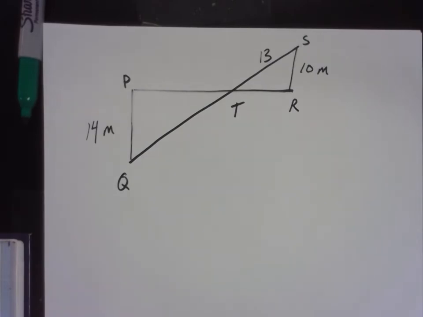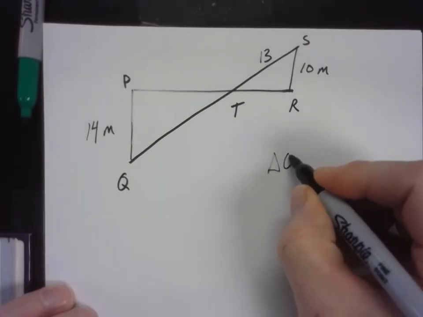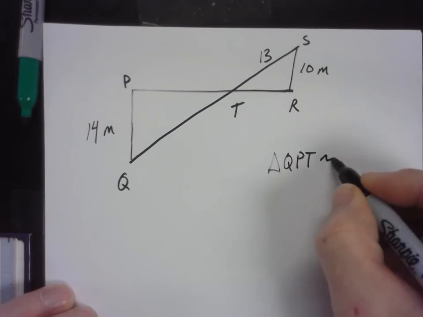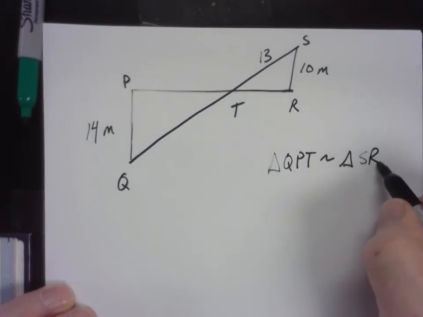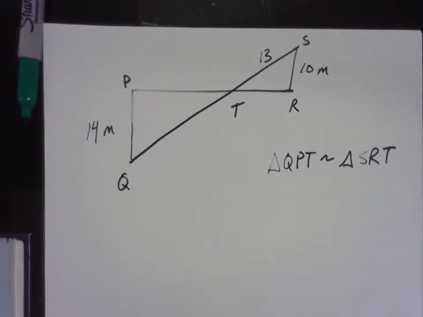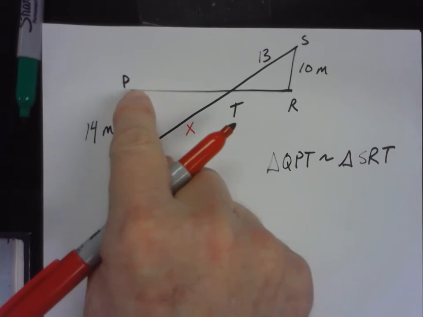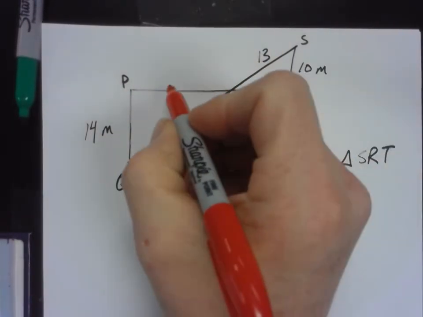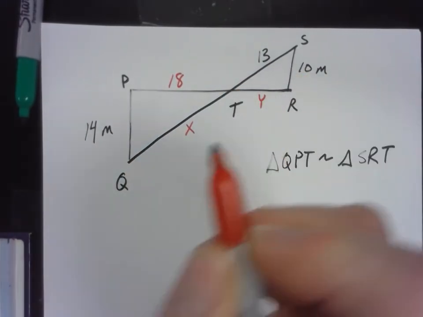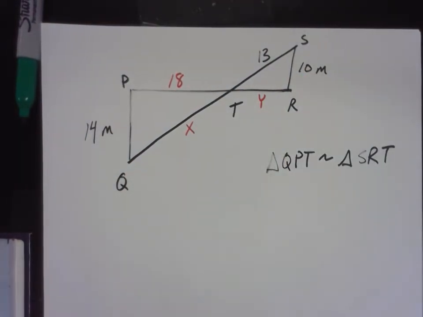Wait, and assuming it is similar to QPT, SRT, assuming they're similar triangles, can you find the 3 missing sides at this point? Can you find X? Okay. But these two, no, you can't do that, can you? If I tell you this one's 18, can you find Y? Yeah. Okay, find those 2 missing sides.